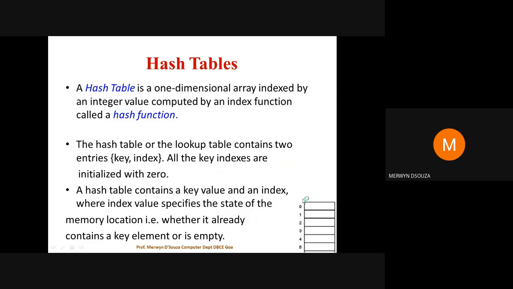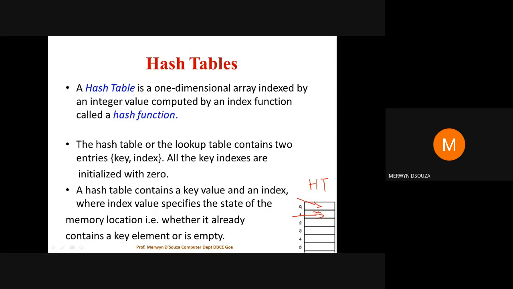So you have studied that there's something known as a hash table. A hash table is a one-dimensional array. Okay. So this is an example of a hash table. Each slot in that hash table will be known as a bucket, or a slot. So each position is known as a slot or a bucket.